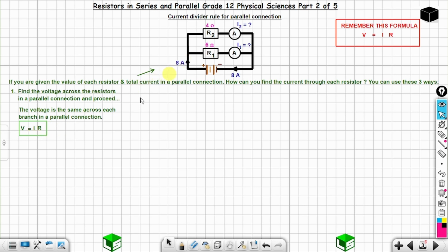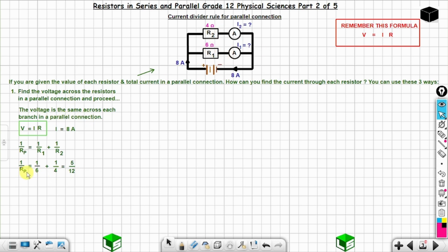We know our total current, 8 amperes. You need the total resistance. You have resistors in parallel, so you have to calculate the total resistance using this formula. 1 over 6 plus 1 over 4 is equal to 5 over 12. 5 over 12 is equal to 1 over Rp, where Rp is the resistance in a parallel connection.